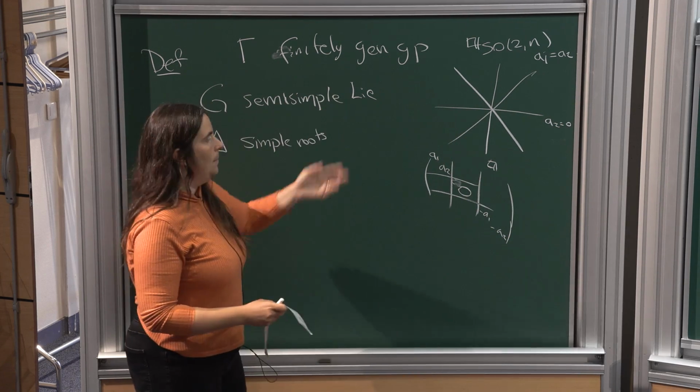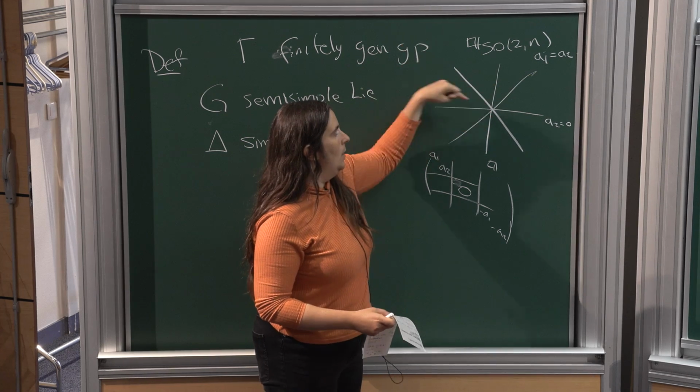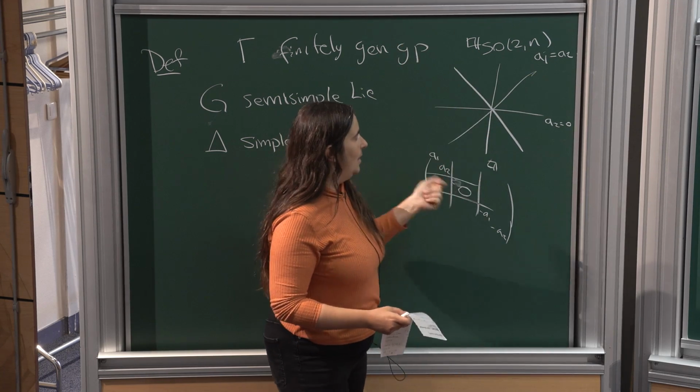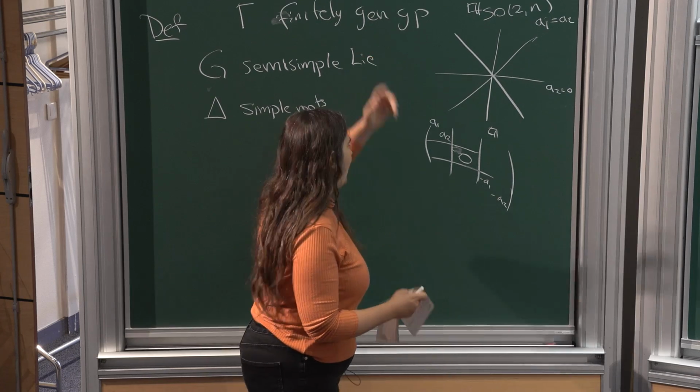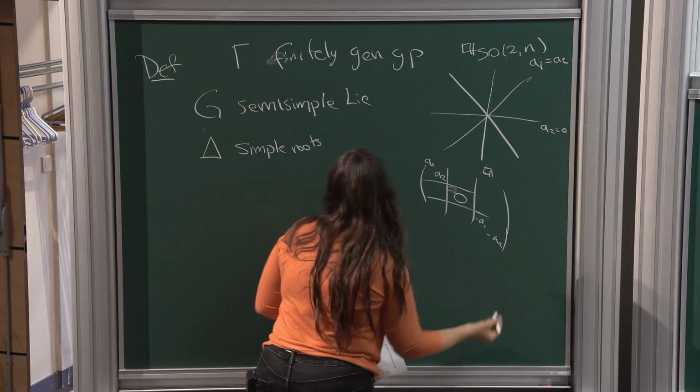These are the roots in this setting: the diagonals A1 equals A2 or equals minus A2, A2 equals 0, and A1 equals 0. This is one other example.